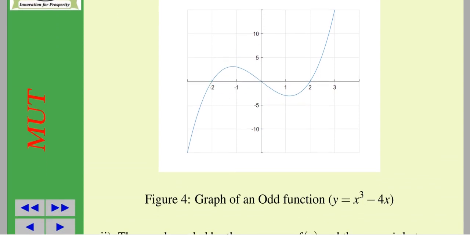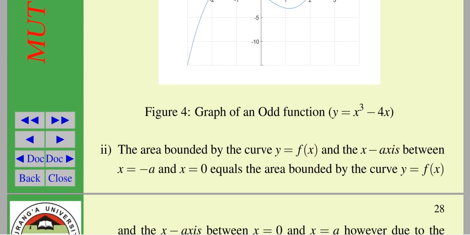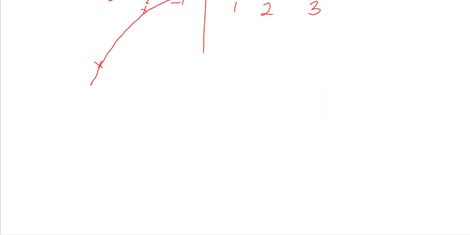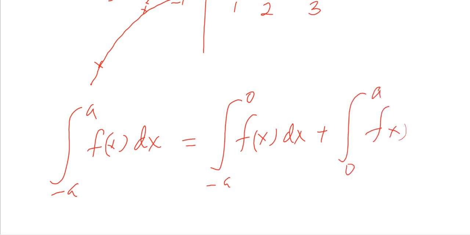Now if you try to find the area, or evaluate the integral from minus a to a, f of x dx, you write the integral from minus a to 0, f of x dx, plus the integral from 0 to a, f of x dx.